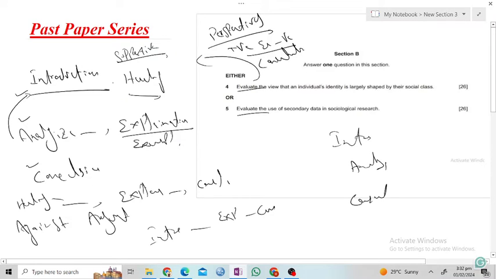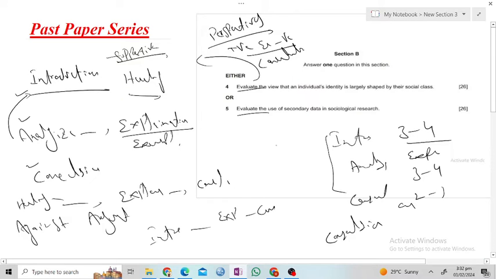That was heading 1. You follow these 3 patterns for heading 2 as well, and then at the end of the question you give an overall conclusion. The introduction should be 3 to 4 lines, the examples again 3 to 4 lines, and then conclude in 2 to 3 lines.